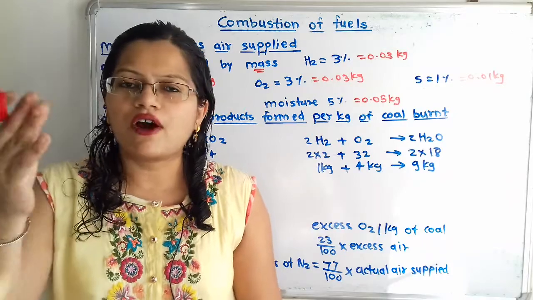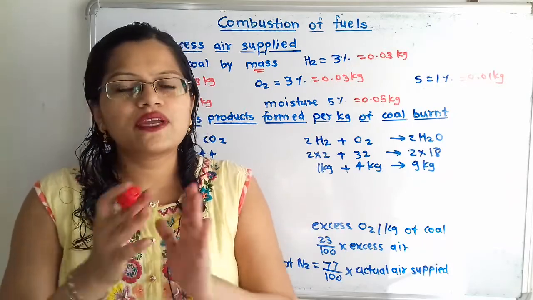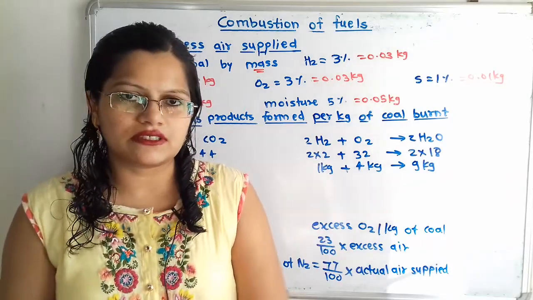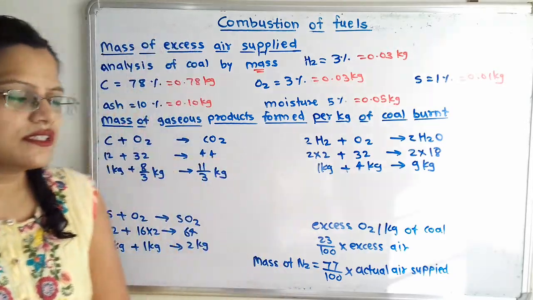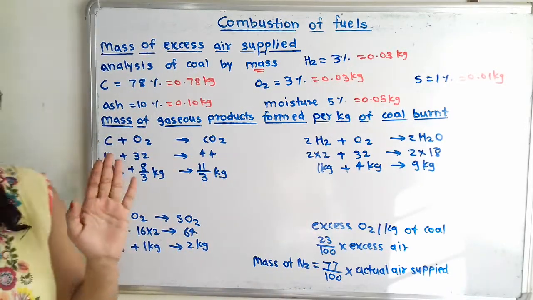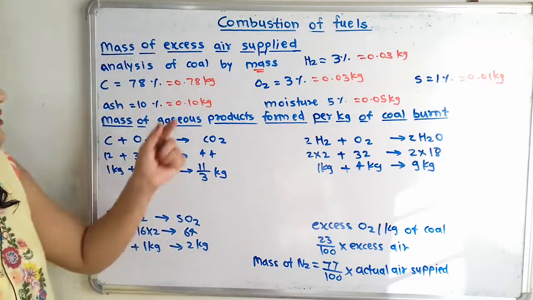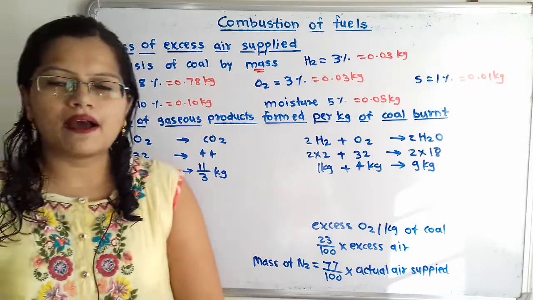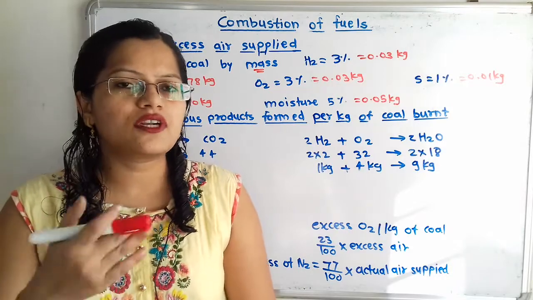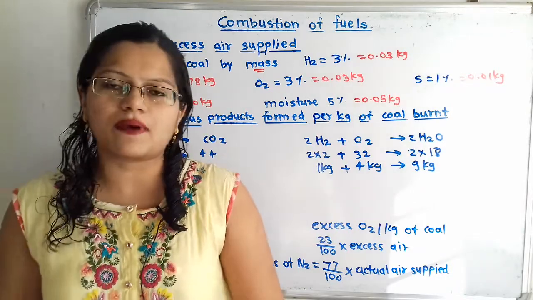We have to consider all these things. Now we will first take the fuel analysis when carbon combines with oxygen. The analysis of coal by mass is given, so we will also take the fuel analysis by mass.